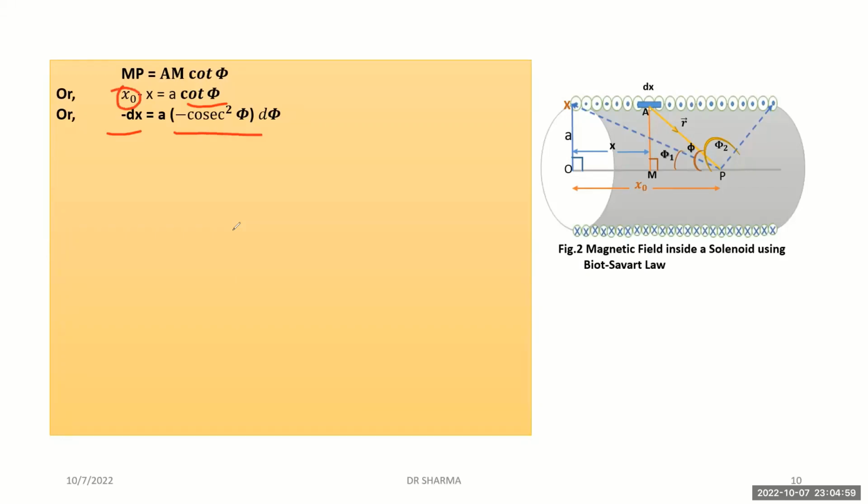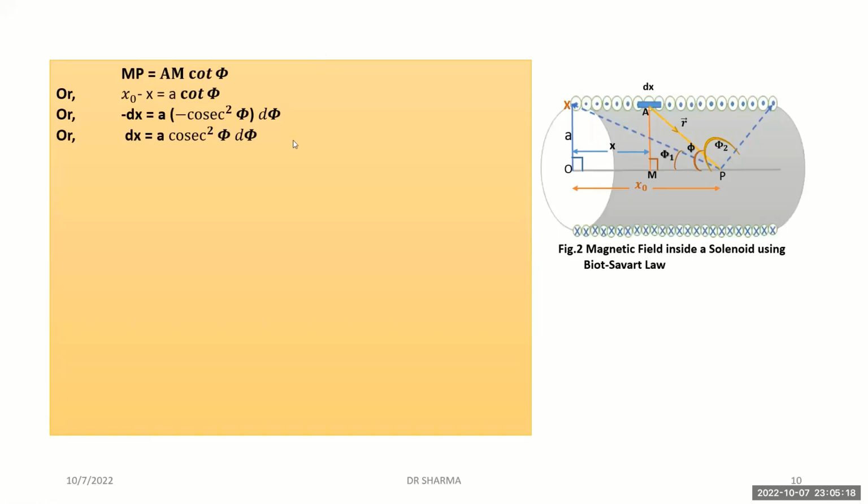Derivative of x naught is 0, so minus x gives the minus dx. After simplifying, you have dx is equal to a cosec square phi d phi.